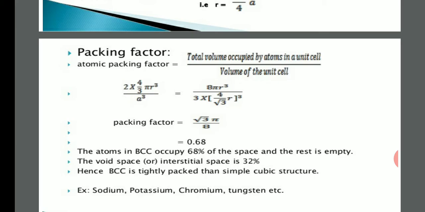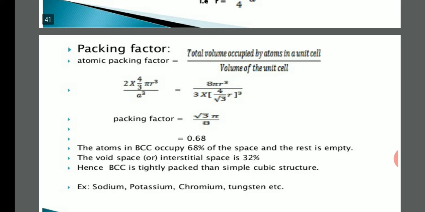So packing factor equals root 3 by 8 into pi, that is 0.68. So atoms in BCC occupy 68% of space, the rest is empty. BCC is more tightly packed than simple cubic structure, and here the void space is 32%. Examples: sodium, potassium, chromium, tungsten, etc.